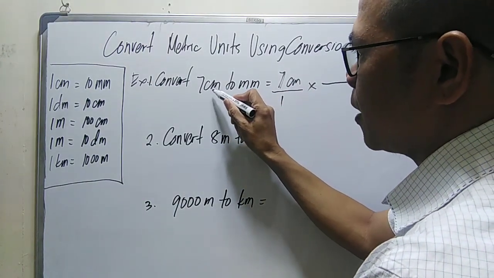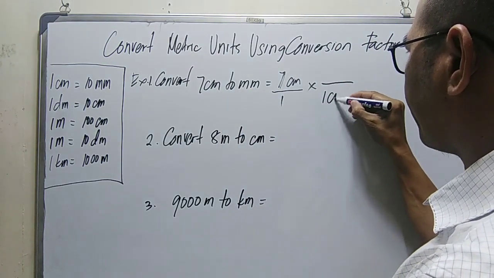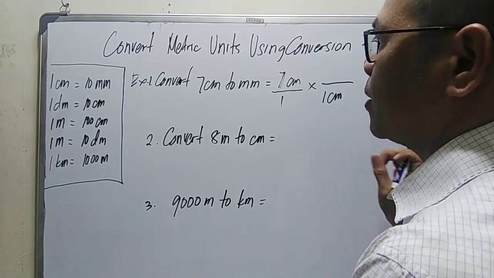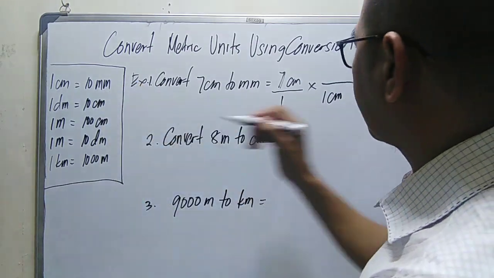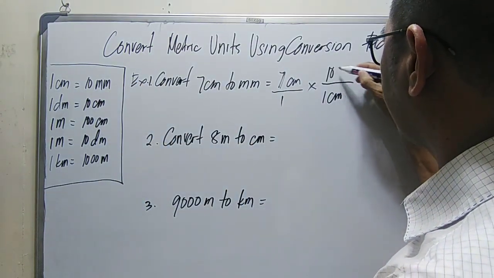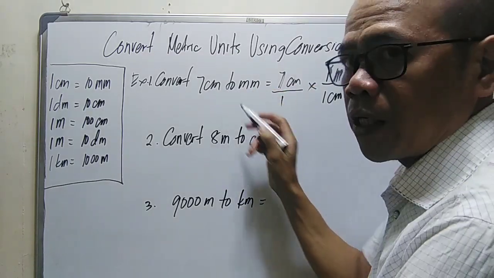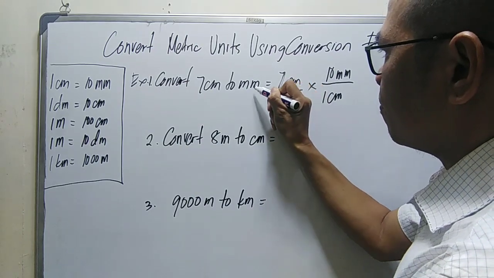Since centimeter ito, lagay natin sa denominator 1 cm, that is equivalent to 10 millimeters. Lagay natin sa numerator si 10 millimeters, kasi gagawin natin millimeters itong centimeter.